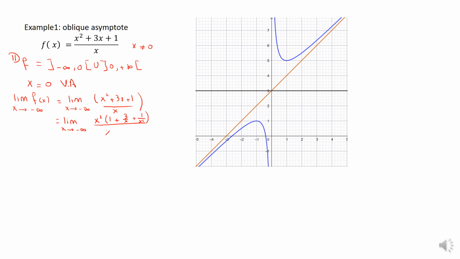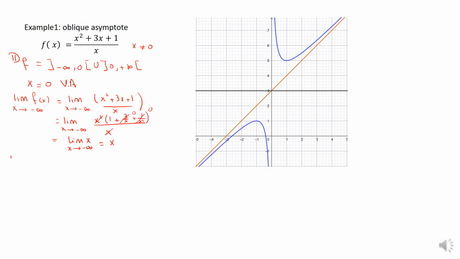In the denominator you have x. Now, as x tends to negative infinity, 3 over x tends to 0, and 1 over x squared tends to 0. You can eliminate x squared and x, you can simplify. The result is the limit of x as x tends to negative infinity, so it is x.